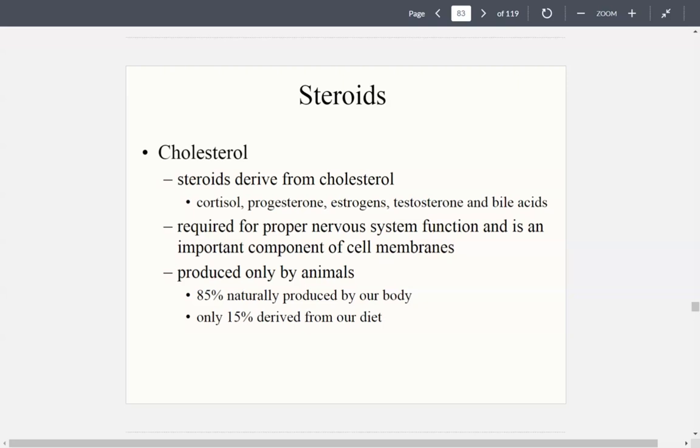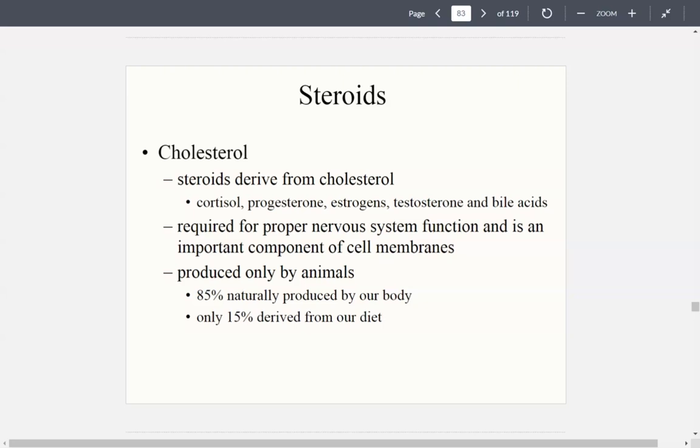The hormones that give you your sexual characteristics, that give you your ability to create life. Those are cholesterol/steroid based. Bile acids. What are bile acids? Bile acids are part of your digestive process. They help neutralize the acid coming out of your stomach, and they help break down fats and proteins.